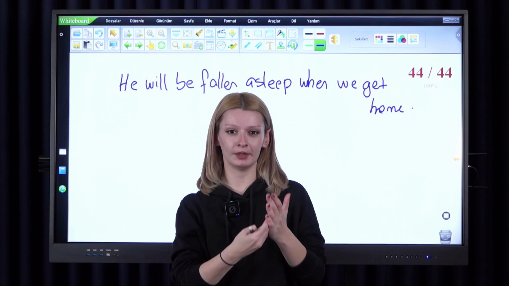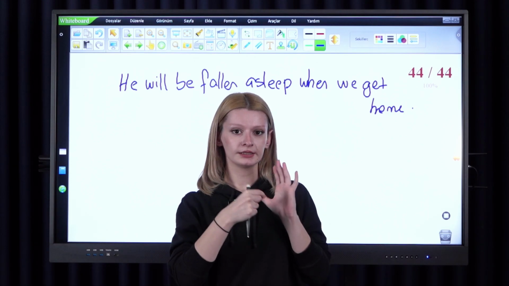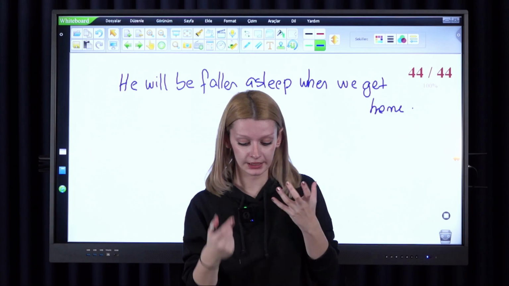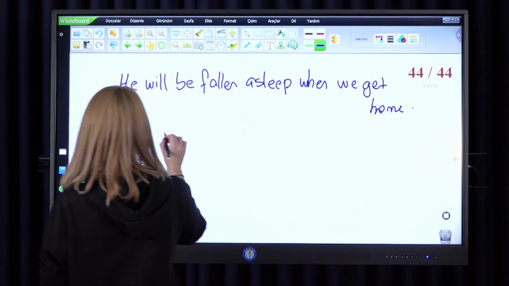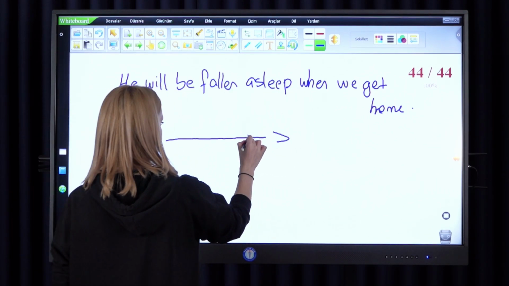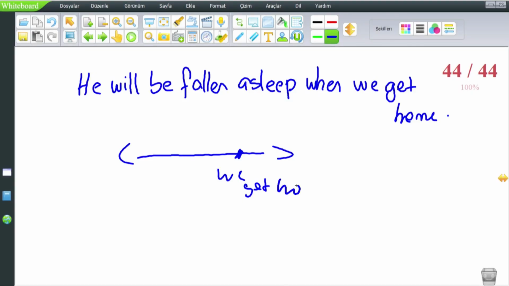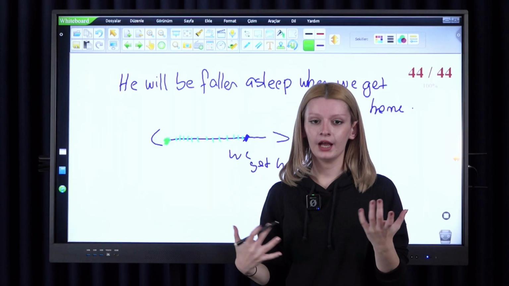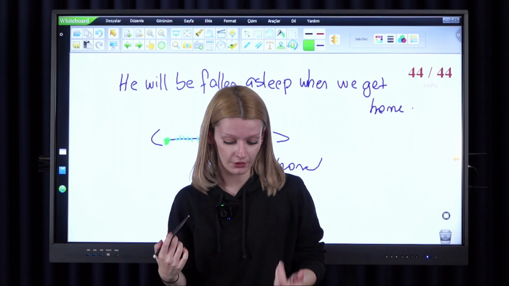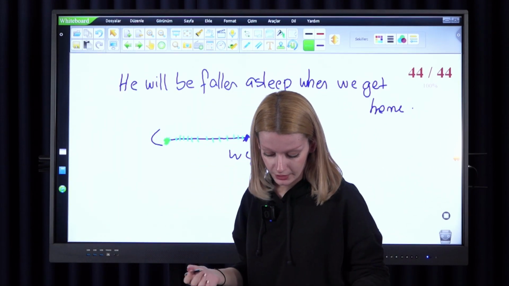We have a time limit till that action to be complete. So here somewhere we get home, and around somewhere here he will have fallen asleep.